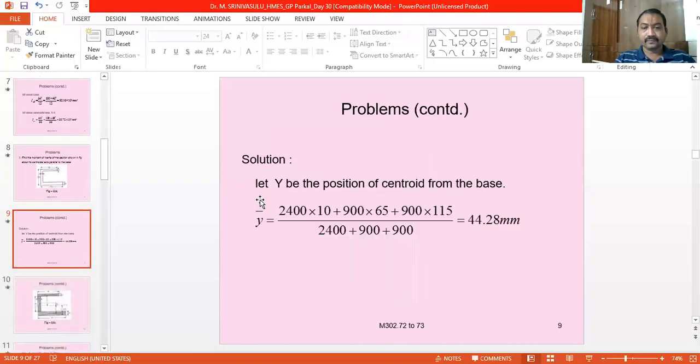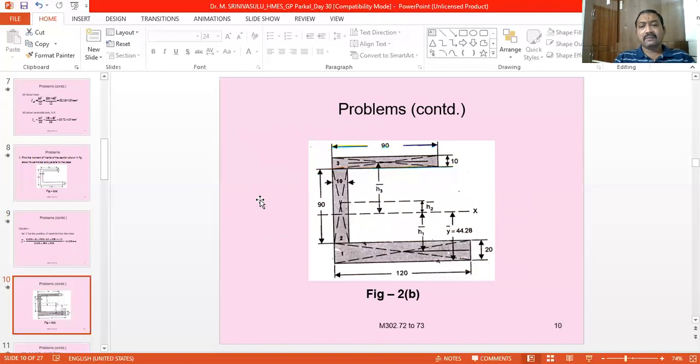Coming to the solution, the given C section is first divided into three rectangles: the bottom flange, web and top flange.